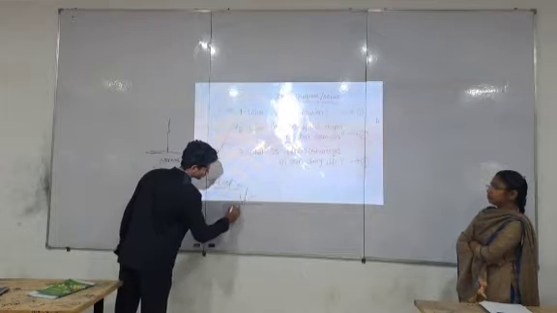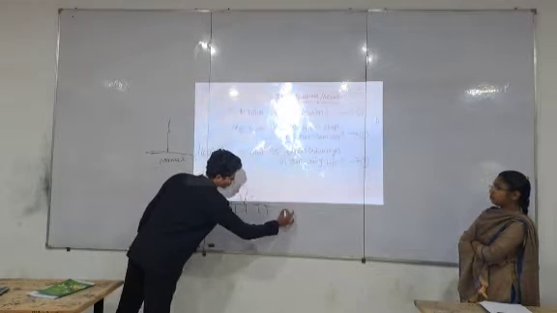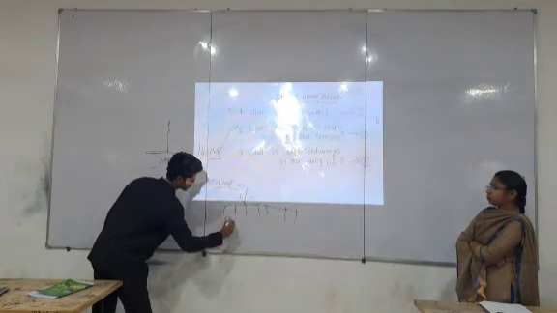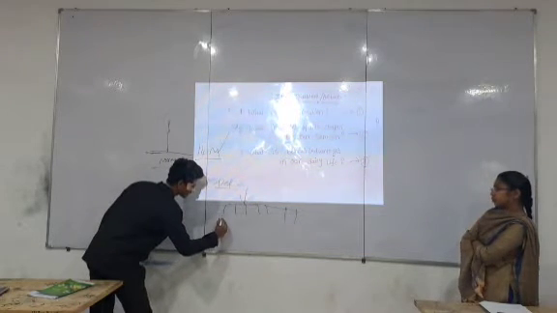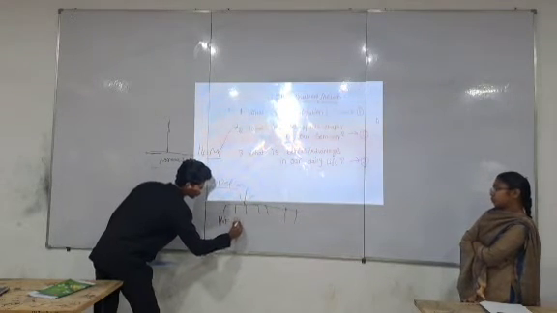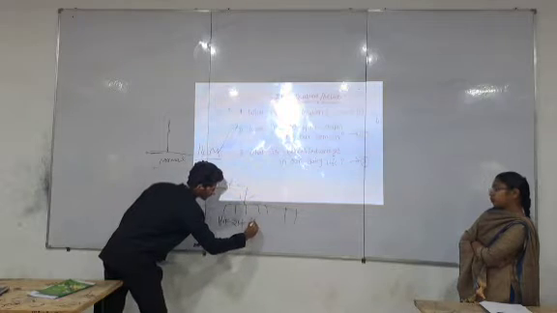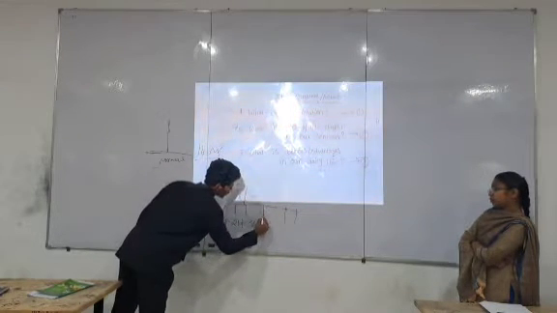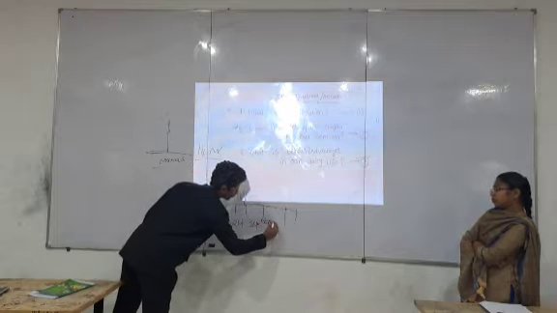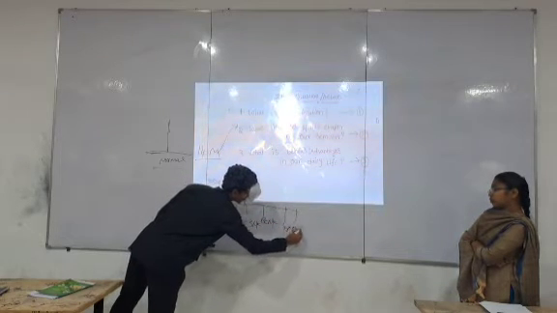In normalization, we have a total of 6 types: 1NF, 2NF, 3NF, BCNF, 4NF, 5NF.